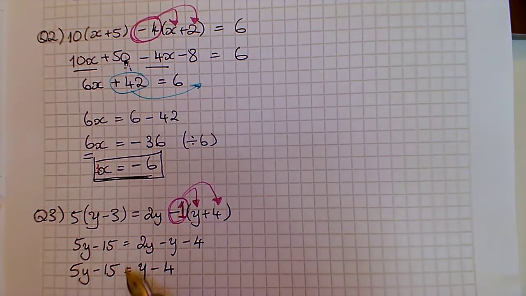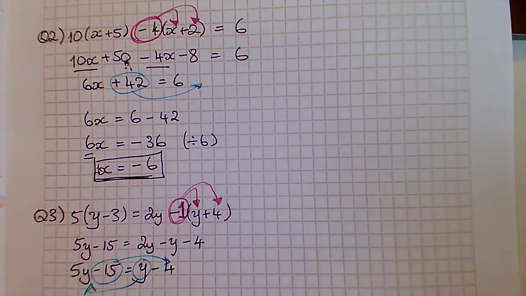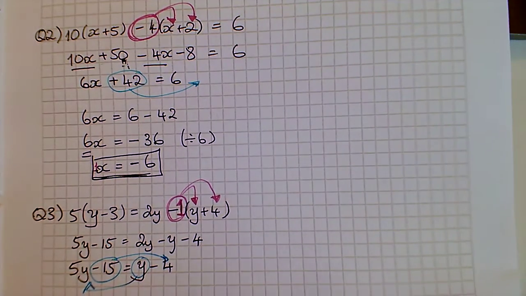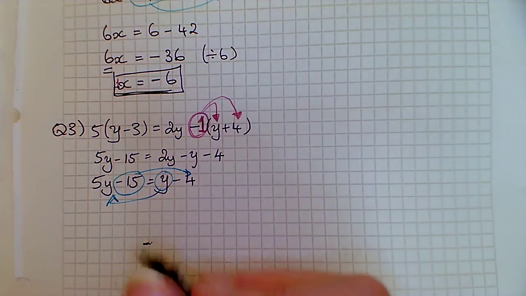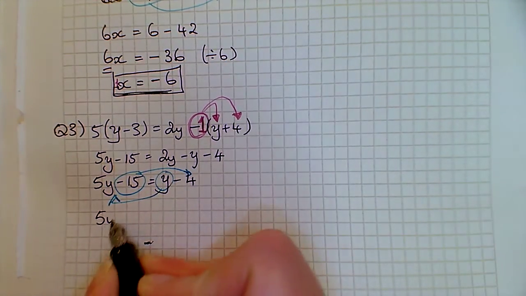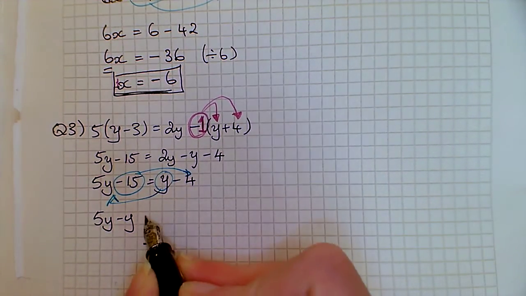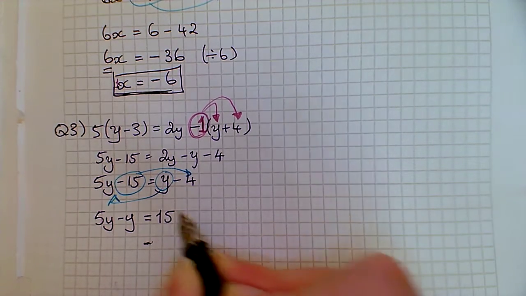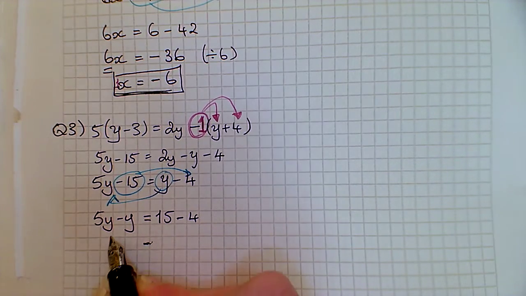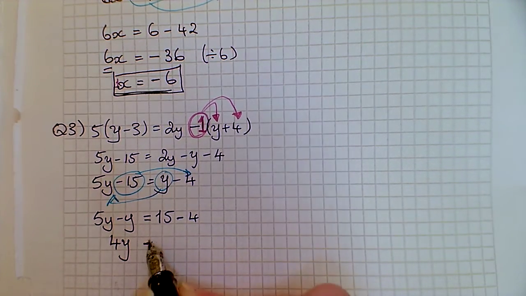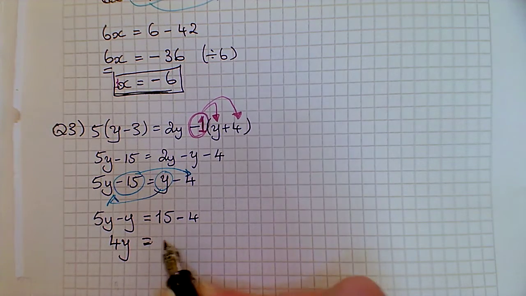And then move letters left, numbers right. And don't forget to change the signs when you change the side. So we get 5y minus y on this side equals plus 15 minus 4 on this side. 4y is equal to 11.